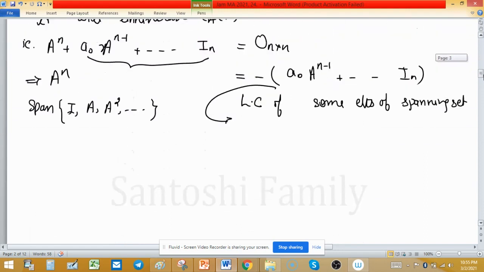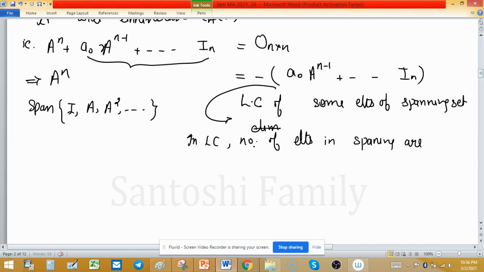So it is basically very basic. By this remark 4, the dimension of this one will be the number of elements in a spanning set in linear combination.